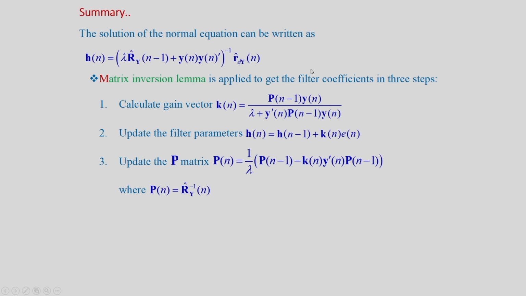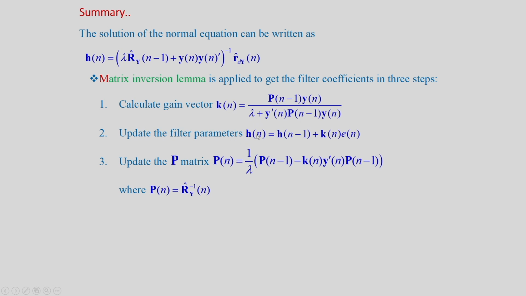The matrix inversion lemma is applied to get the filter coefficients in 3 steps. So, what are the 3 steps? Calculate the gain vector Kn given by Pn minus 1 into Yn divided by lambda plus Yn transpose into Pn minus 1 into Yn. This is the gain vector.